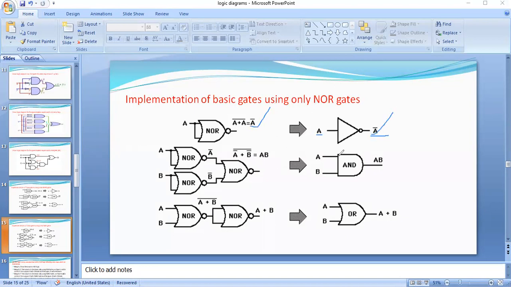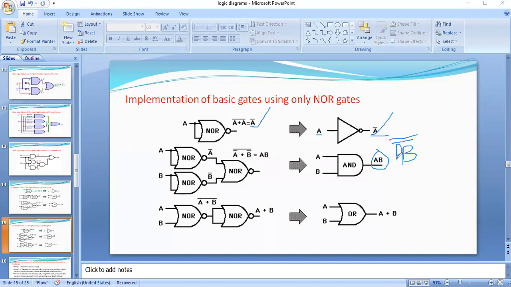In the same way, if you want to realize this AND function using NOR gates: NOR means we have an OR operation and a complement, a bar on that equation. So we don't have any AND operation. So here I am applying a double whole bar to convert the dot into an OR operation.